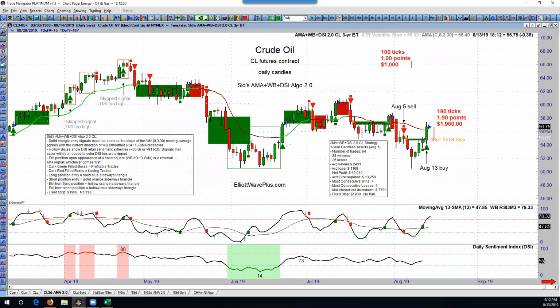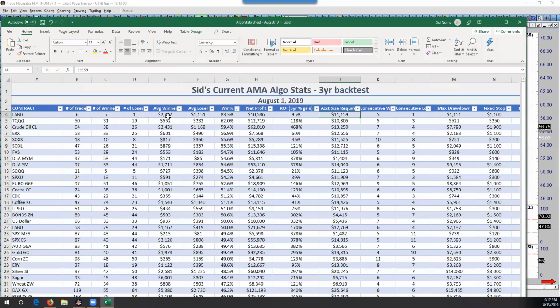There was one earlier this year on Bitcoin. But once again, moving back to the spreadsheet, we can see that crude oil has a good winning percentage. The average winner is well in excess of twice the average loser. It trades quite a bit. It doesn't require a tremendously huge account size.